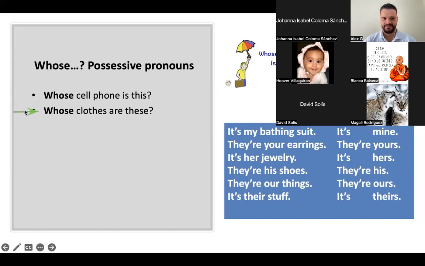Whose clothes are these? Thank you, Hoover. When we ask a question with whose, we're always asking about the possession. Who does it belong to, right? So we have to answer by using possessive pronouns. So let's read the examples from left to right. Let's begin here. Joanna?